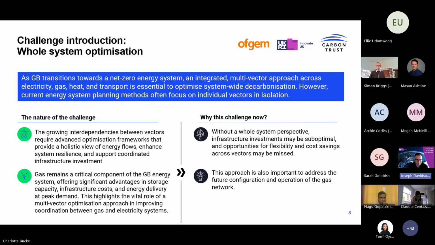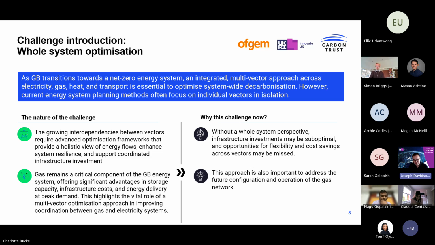And in addition, thinking about the gas network being of critical importance to the energy system, the future role of the gas network, and think about optimisation across electricity, gas, and then with other sectors that are looking at decarbonising. Why now? So we'll be hearing from NISO shortly in the sort of whole systems role of their remit.